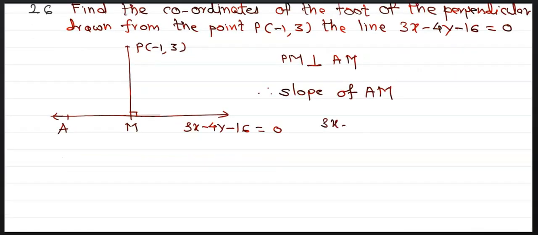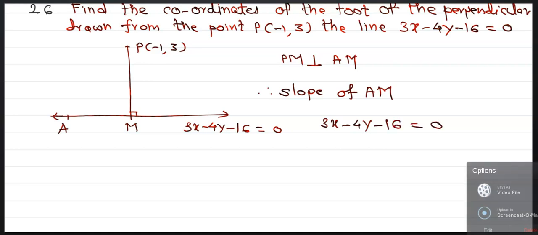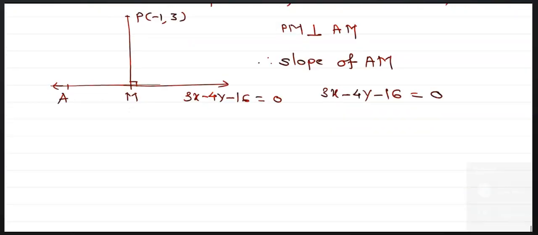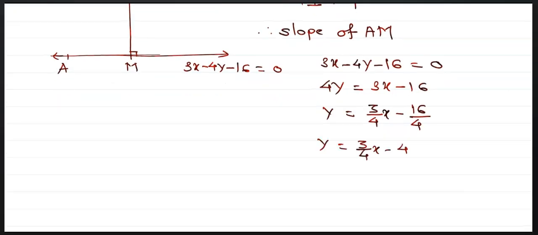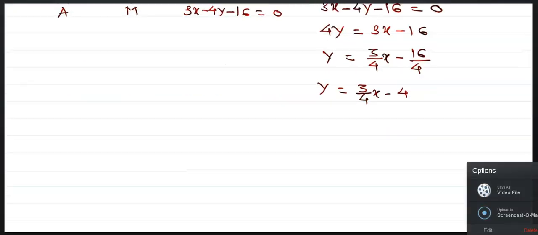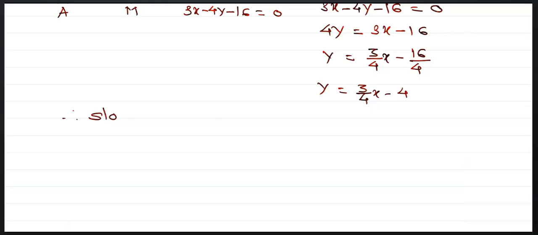Slope of AM. 3x minus 4y minus 16 equals 0. Therefore, for the slope of the required line, 4y equals 3x minus 16. Therefore, y equals 3 by 4 x minus 4. Therefore, the slope of the line is 3 by 4.